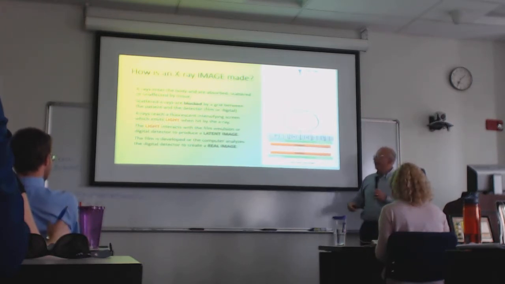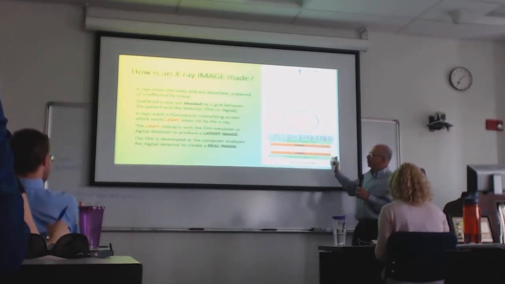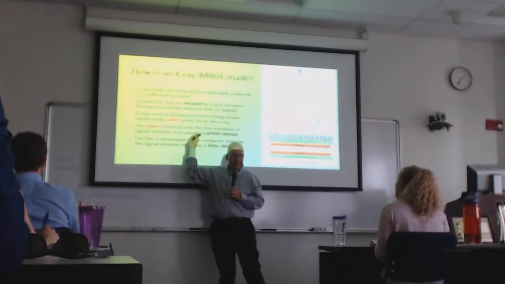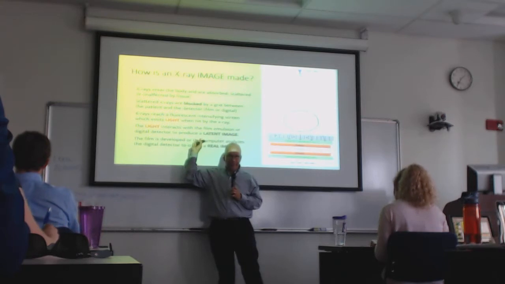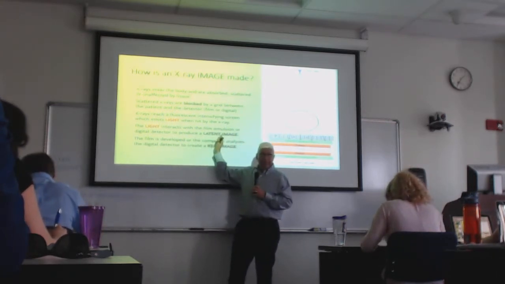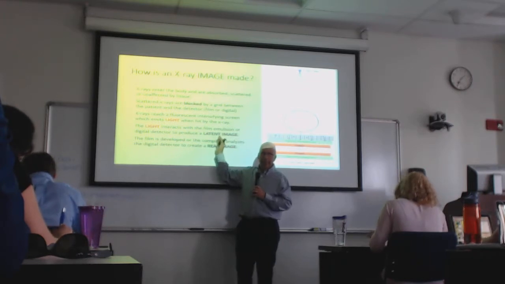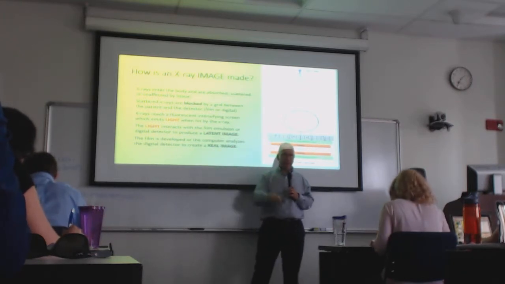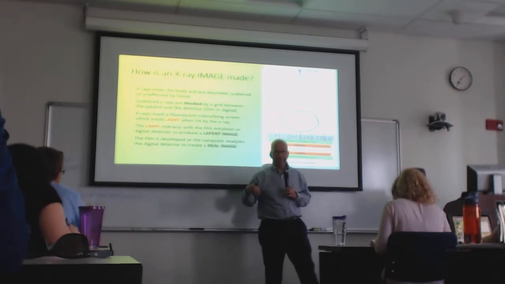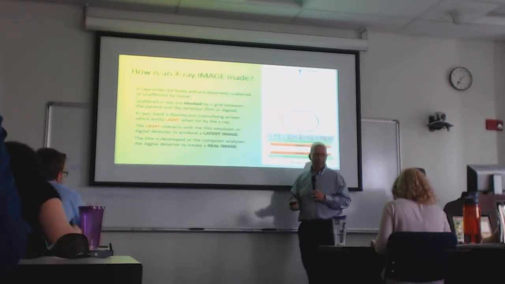So it's a little complicated, but the thing I want you to get out of here is that it's light, not an X-ray, that actually causes the image to be made, and that there's a latent image that is created on the film, that is turned into a real image, either through chemical processing if it's film, or computer stuff if it's a digital image.